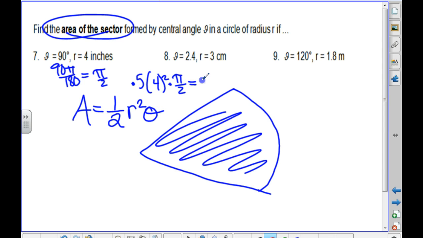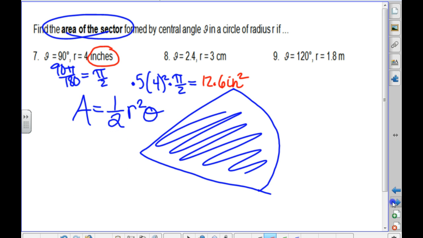Is it 12 point something? 12.6, and it's square inches. Area is always square units, and the only units we had in the problem were inches. All right, that's how you do 7, 8, and 9.